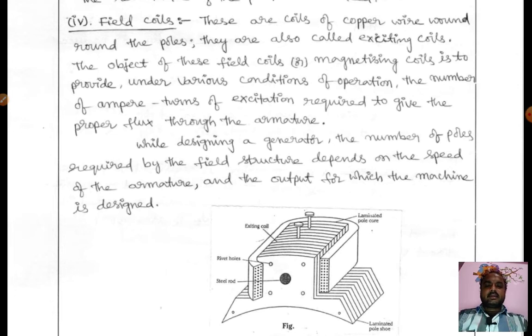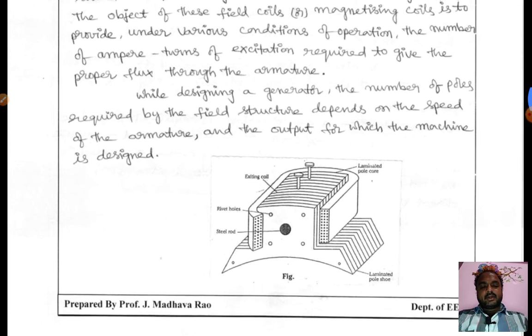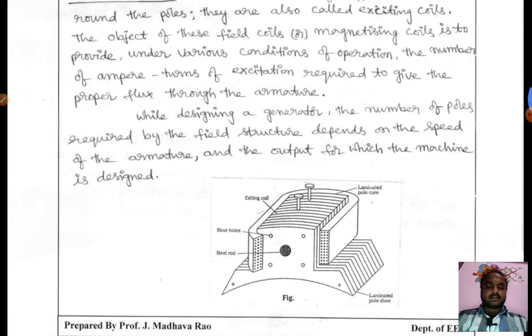While designing a generator, the number of poles required by the field structure depends on the speed of the armature. Since the speed and the number of poles are inversely proportional, when the number of poles increases, the speed will reduce. This is one of the figures showing the pole construction of the DC motor.